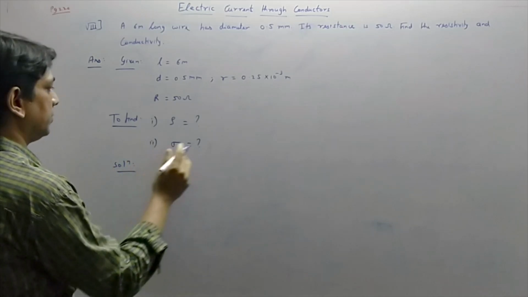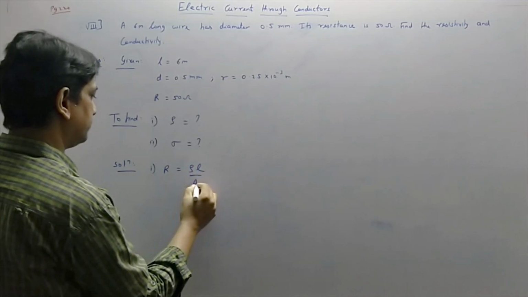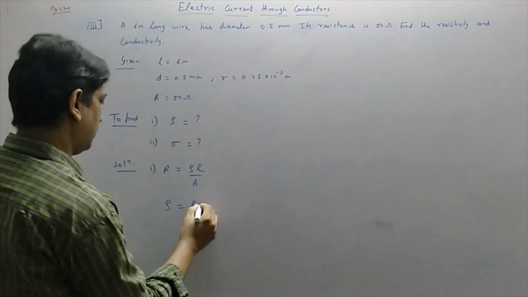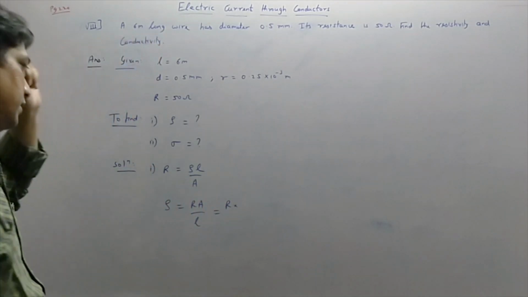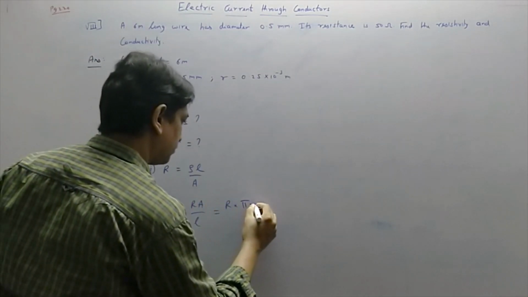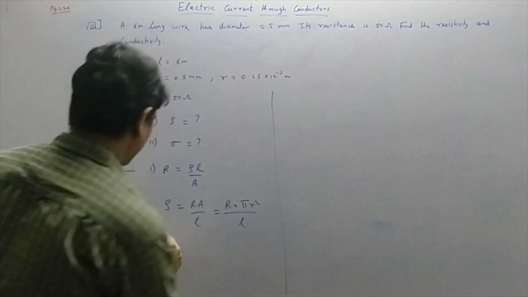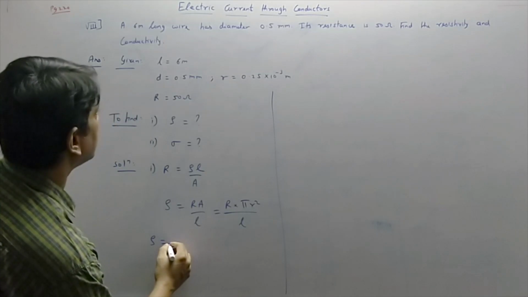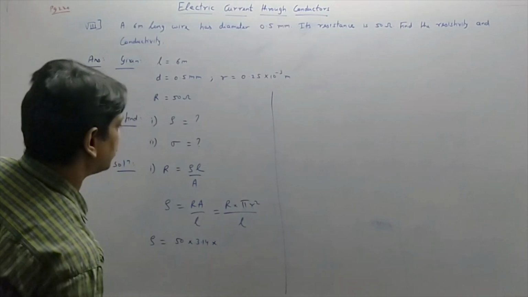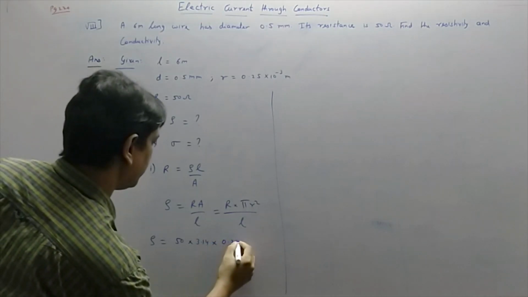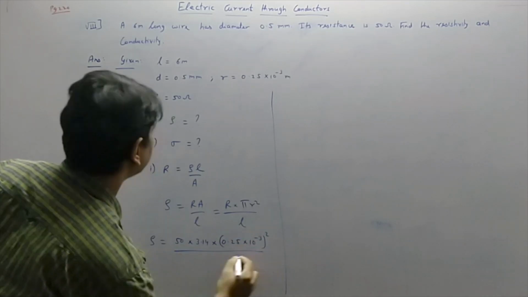The formula we have is R equals rho L upon A, or rho is RA by L. The area of cross section of the wire, as we know for a circle, is pi r square, divided by L. So rho is resistance 50, pi is 3.142, radius 0.25 into 10 raised to minus 3 whole square, divided by the length of 6 meter.